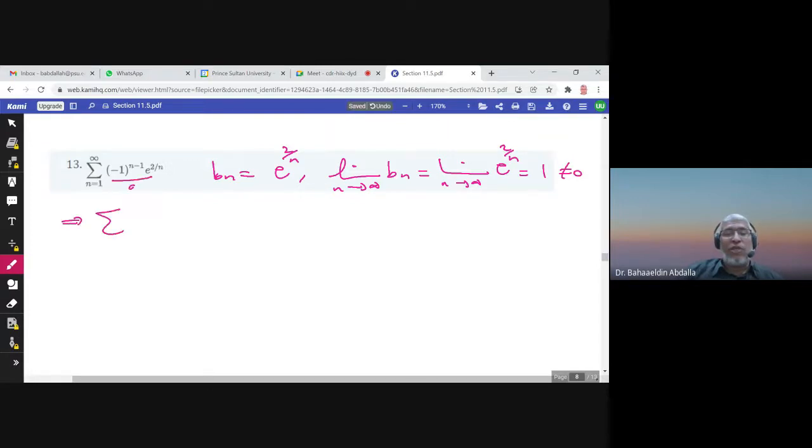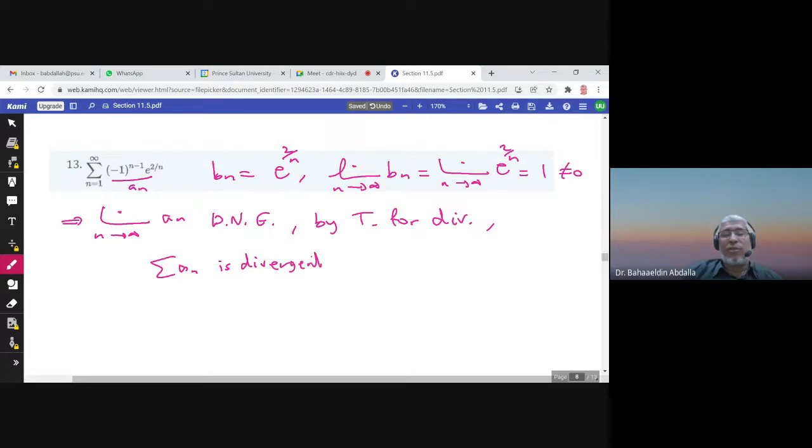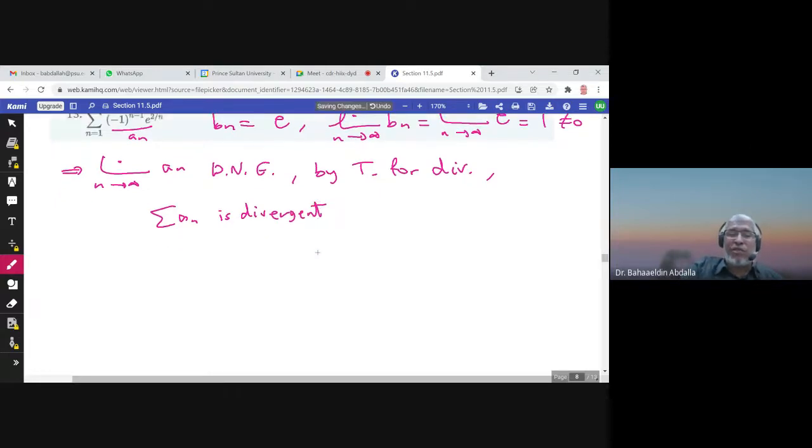So summation an, just a minute, let us say limit an when n goes to infinity does not exist. And by test for divergence, summation an is divergent because the limit is not 0, it is 1.